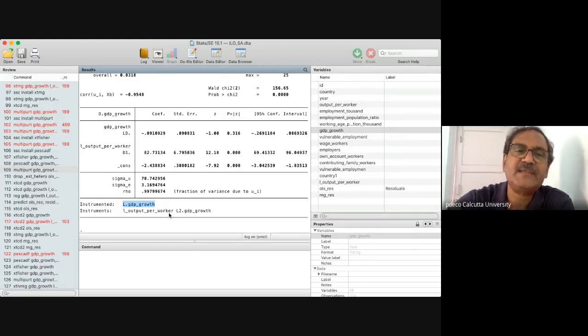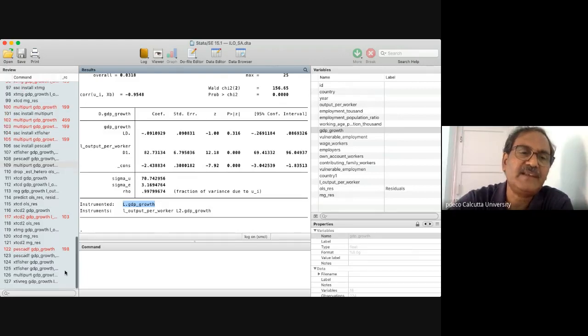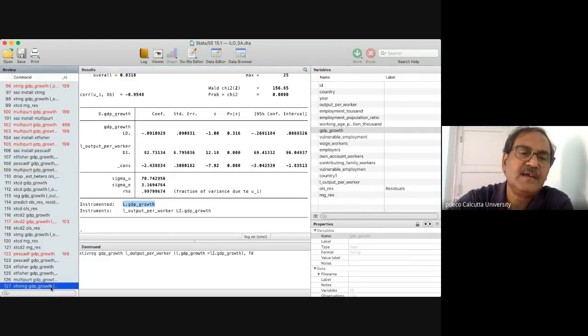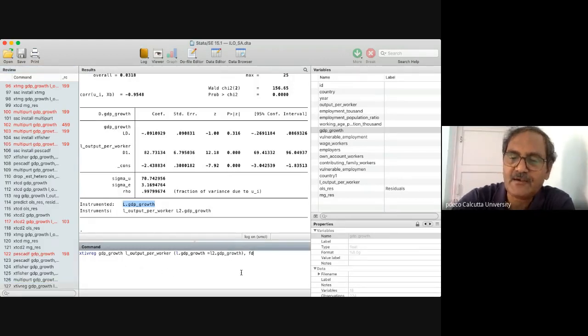On the basis of that, you have got this result. To eliminate fixed effect, you have used here the first difference. You can also use the within estimation model in the framework of Anderson and Hsiao. In that case, you have to write here FE, fixed effect.